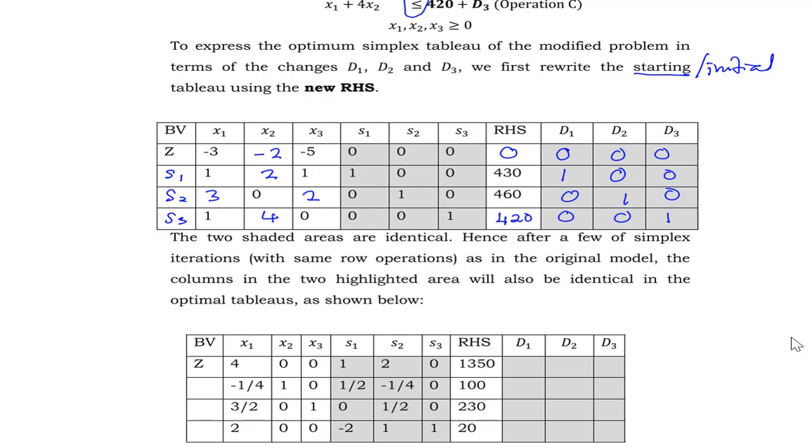Here we have X2 as the basic variable, X3 and S3. For the D1, D2, D3 columns, we just copy the S1, S2 and S3 columns, which are the other basic variables in the initial tableau.